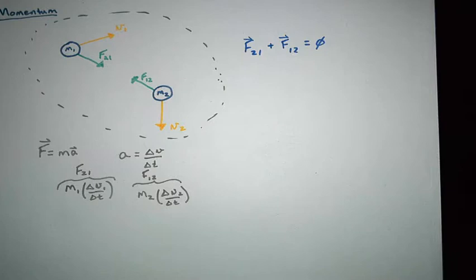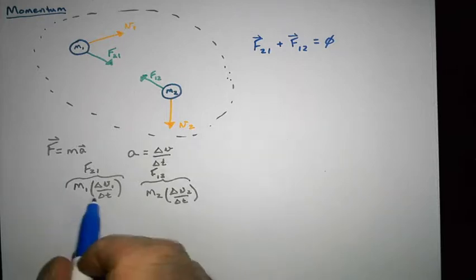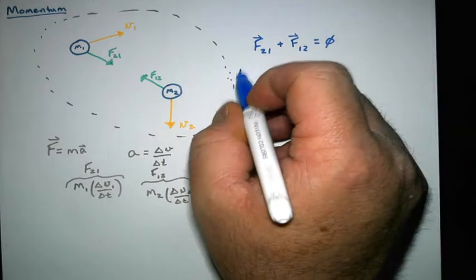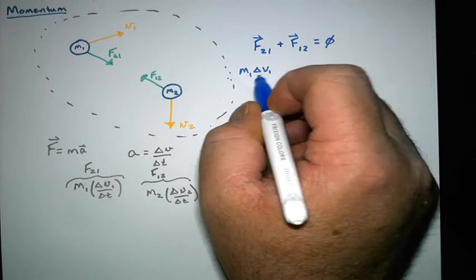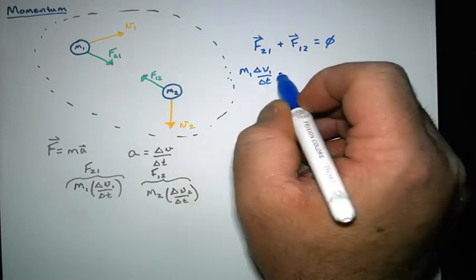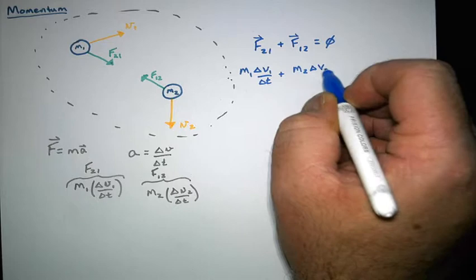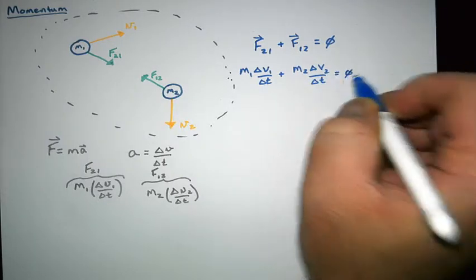So we're going to do a little bit of substitution here and plug these things in for F21 and F12. We get M1 delta V1 over delta T plus M2 delta V2 over delta T, and they're going to equal 0.